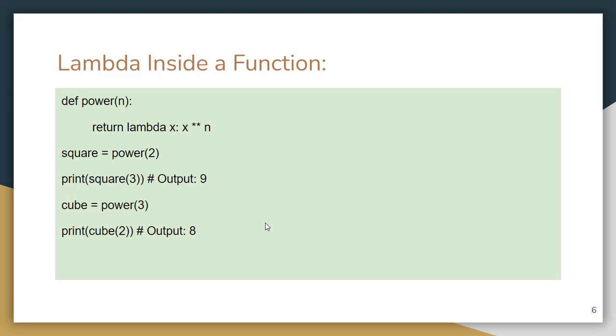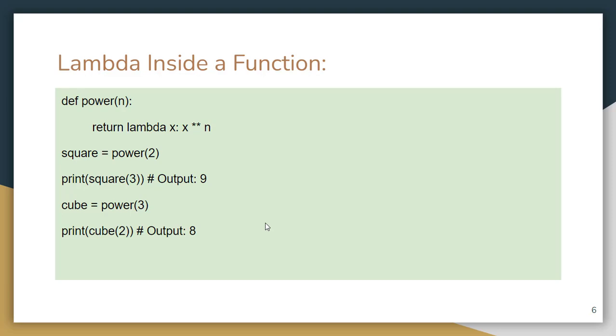In this example, def power is a function which takes an argument n as a parameter, and inside this function it returns a lambda function, return lambda x colon x star star n. That means we are going to calculate x to the power n.